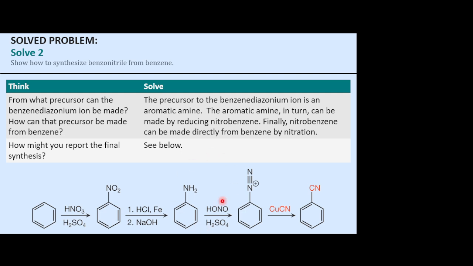Sounds like a clown, doesn't it? This is going to give our diazo compound. We're then going to use the Sandmeyer reaction right here, which is the copper cyanide, and that's going to put our cyanide on that diazo spot. Remember, the diazo is that really good leaving group that lets us put almost anything we want on there. Does anybody have any questions about that reaction?